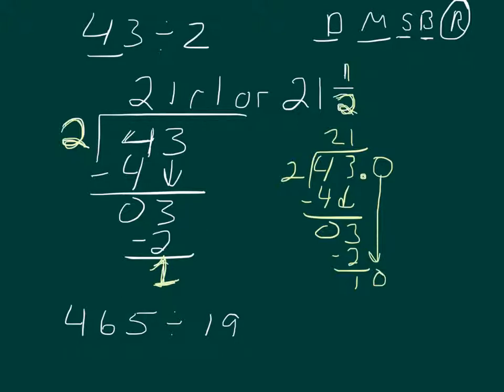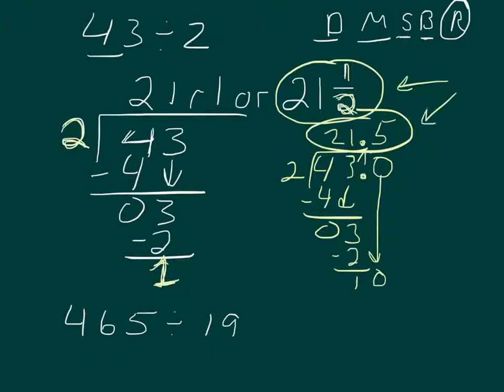That way I can keep dividing. 10 divided by 2 is 5. The decimal gets moved up into the answer, and so it's 21.5. Okay? So anyway, these two examples we're not using right now. We'll answer with remainders for now until we have to answer with decimals or fractions.